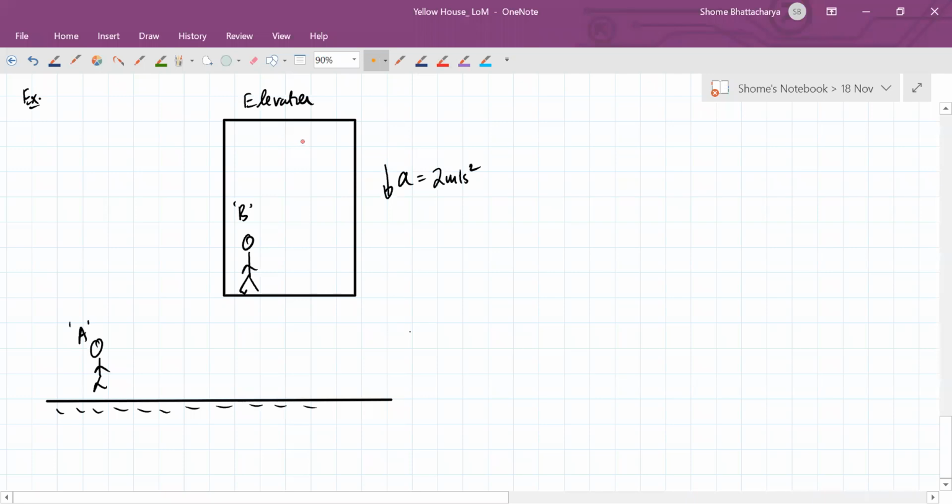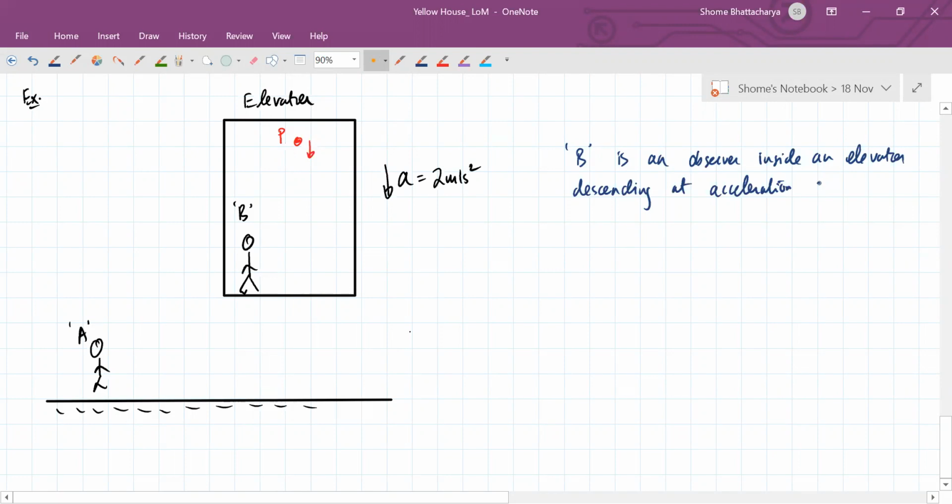Now, inside this elevator, we have an object which is in free fall. So now B is an observer inside an elevator descending at this acceleration with respect to ground.